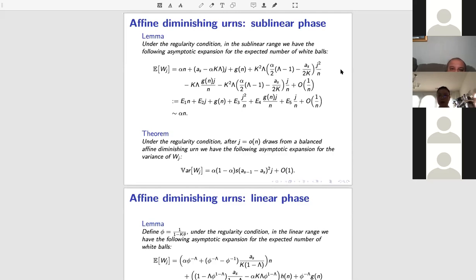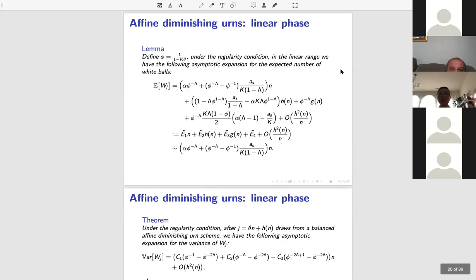So we will just show the results and skip the proofs. For the linear phase, similarly, I define phi as 1 over 1 minus k theta. Under the regularity condition, we have the following asymptotic expansion for the expected number of white balls after j draws. So E[W_j] is given by this asymptotic form.